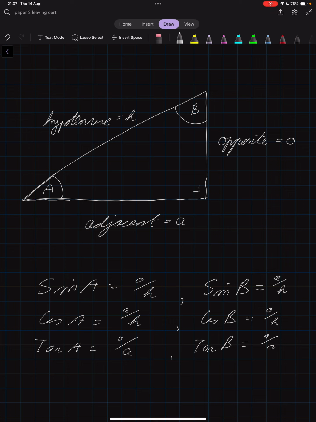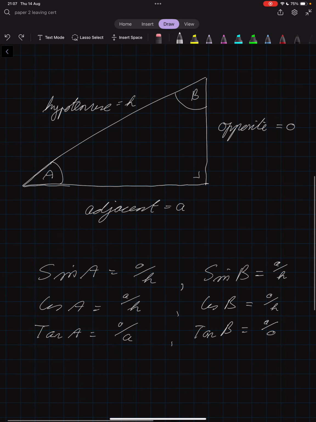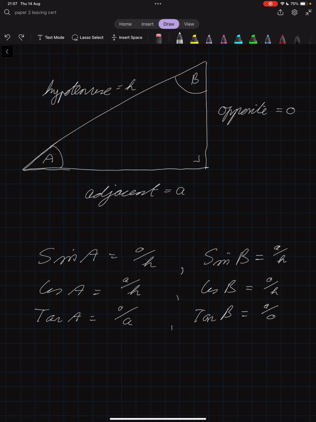The sine of A is the same thing as the cos of B. And the cos of A is the same thing as the sine of B, which is just interesting to note. That's why sine and cos are basically the same thing. We'll see in a while when we're graphing it out. It's basically the exact same thing.